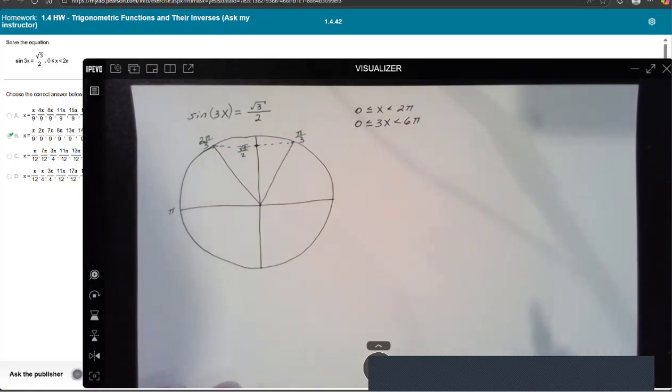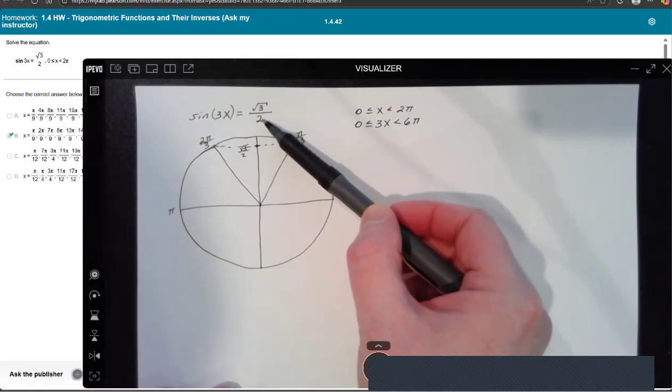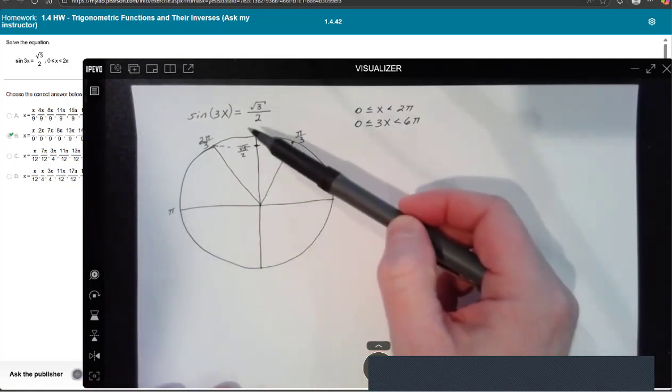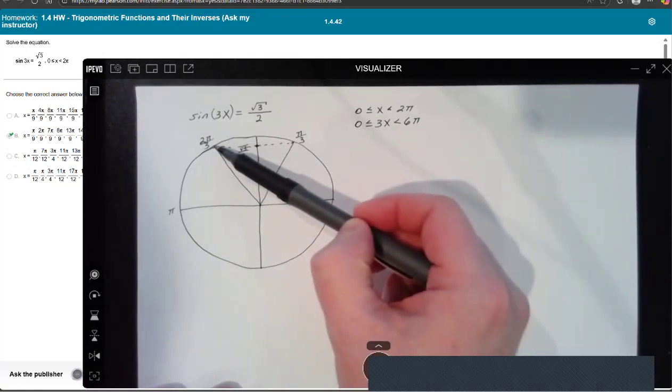So whenever I think about this, I just think this is asking me when is the y component of the unit circle going up 86.6% of the way from 0 to 1, approximately right here, and these are my two angles that satisfy that.